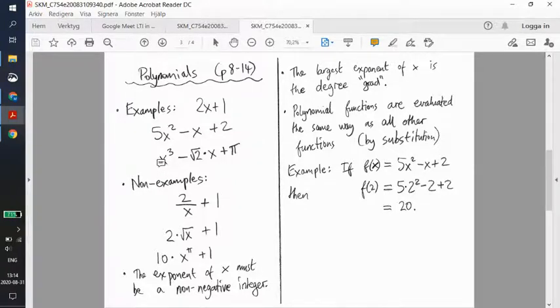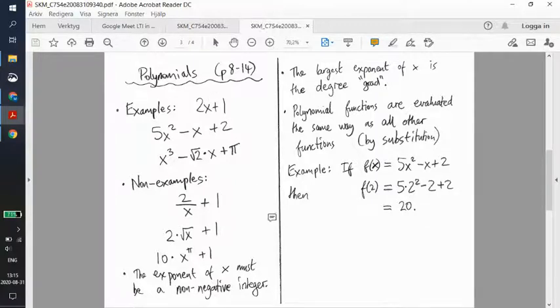So here this would be a degree 3 polynomial, because in this term we have x with an exponent of 3. This one has degree 2, because we have x with an exponent of 2 as the largest exponent for x.